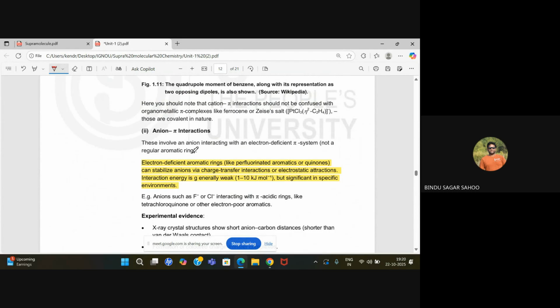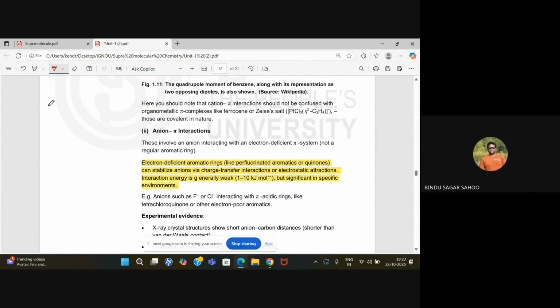The cyclic ring's pi electron density is more. This is an electron rich aromatic ring. But in anion pi interaction, we are taking electron deficient aromatic rings that can interact with an anion, and they can form anion pi interaction types of compounds.